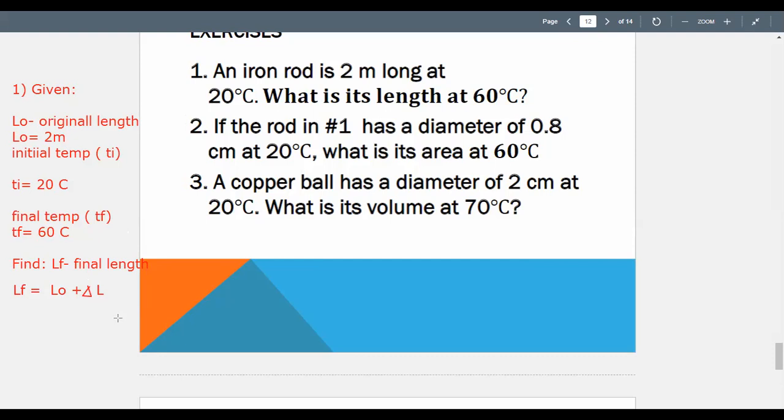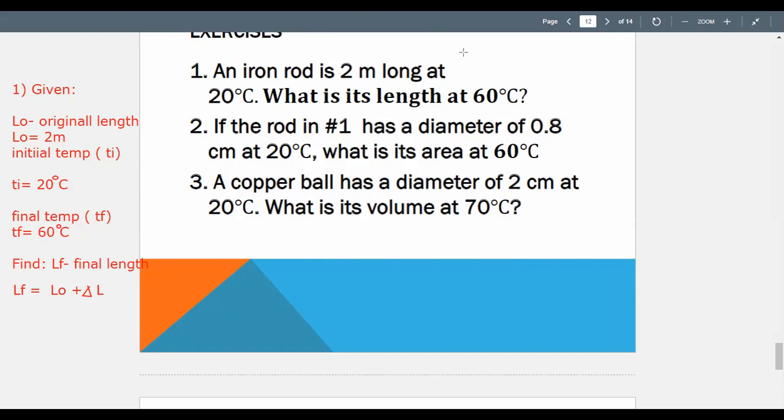So that's our delta L. Our temperatures there: this is our 20 degrees Celsius, and 60 degrees Celsius.